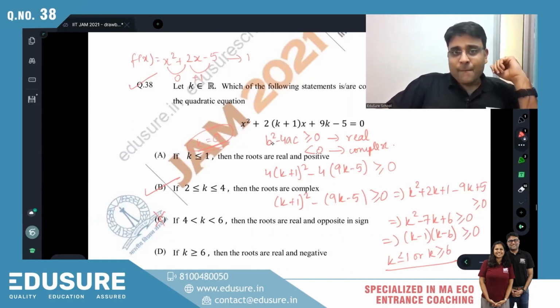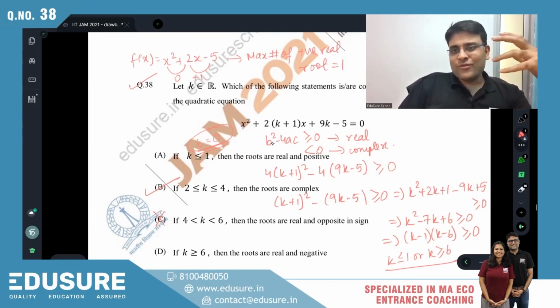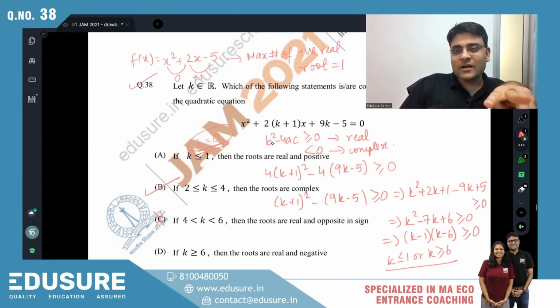That means the maximum number of positive real roots is equal to 1. Now I know for a fact that when k is less than or equal to 1, both the roots are real. So if the maximum number of positive real roots is 1, it means that one is a positive real root and the other is a negative root, right?